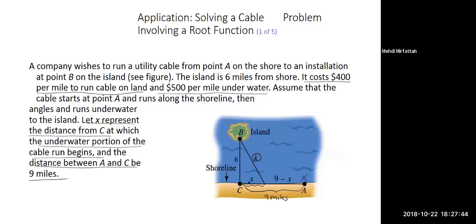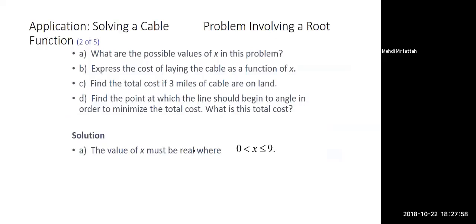X must be greater than 0, and also 9 minus X must be greater than 0. That means X has to be between 0 and 9. That's the restriction that we have.